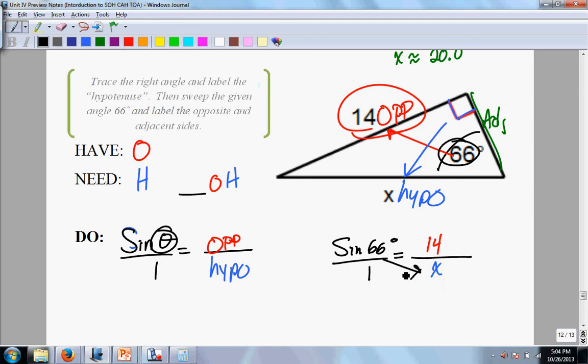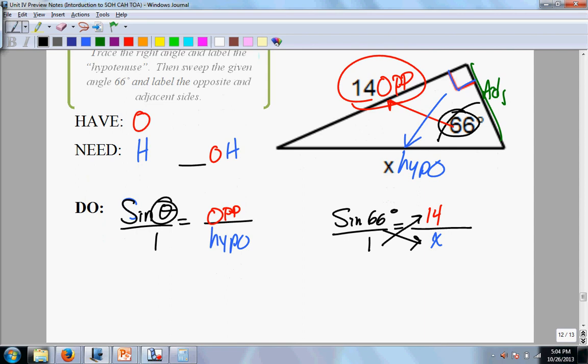Do not touch a calculator until x is by itself, which x is not. So now we cross multiply, and we're going to end up with sine 66 parentheses times x equals 14.